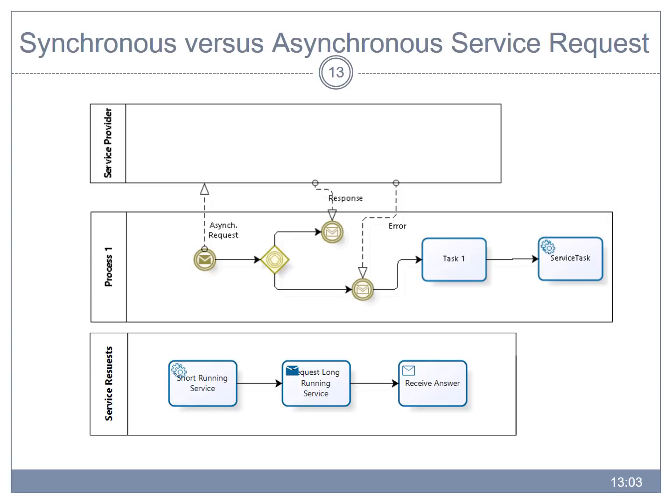So here you see it depicted differently. This is calling a short-running service and just waiting until that service is finished. This is like sending a request for a long-running service. You can do lots of things, and then at a certain point in time you will receive an answer from that service, and you can do something different. These two things could also be modeled by means of intermediate events.